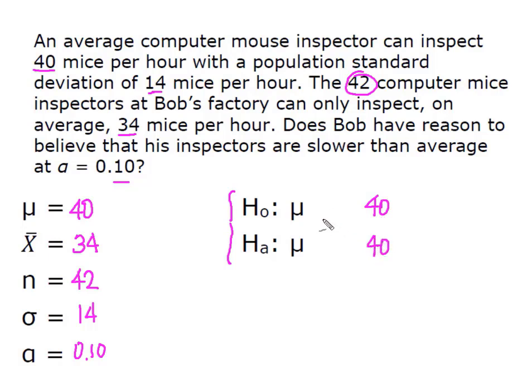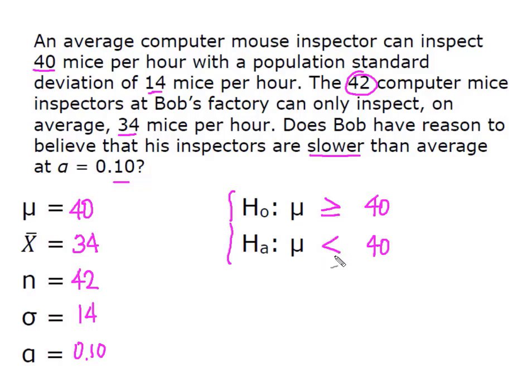So now I need to determine my sign. Does Bob have reason to believe they are slower than average? That means they can inspect fewer than 40 mice. Because we know that H0 and HA are mathematical opposites, this has to be greater than or equal to.